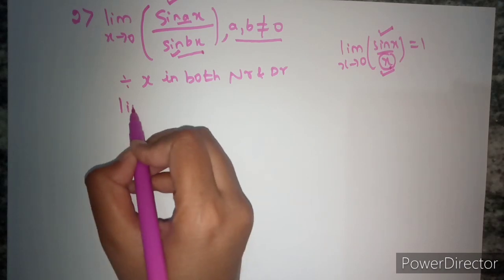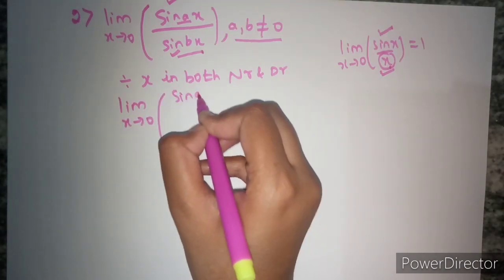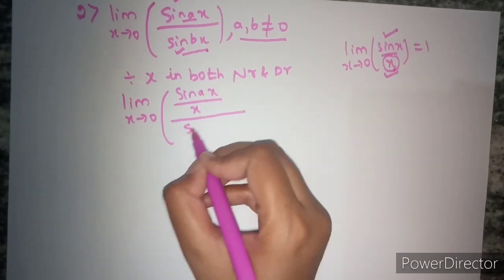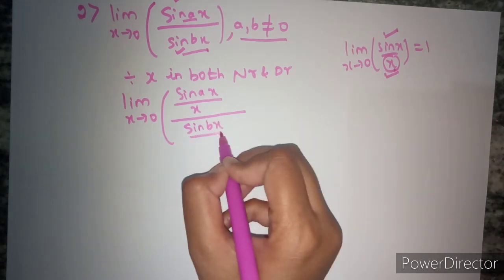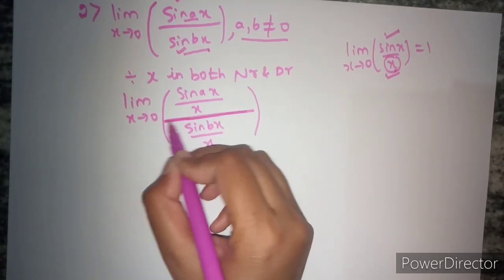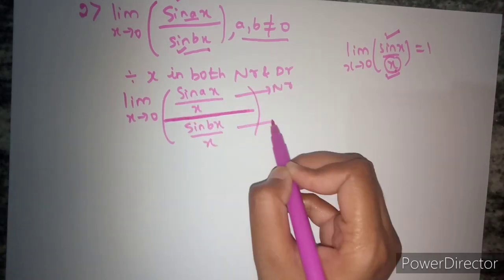So limit x tends to 0, sin ax divided by x, whole divided by sin bx divided by x. Okay, so now use the division property here. We can use the division property, right? So this is the numerator and this is the denominator, right?